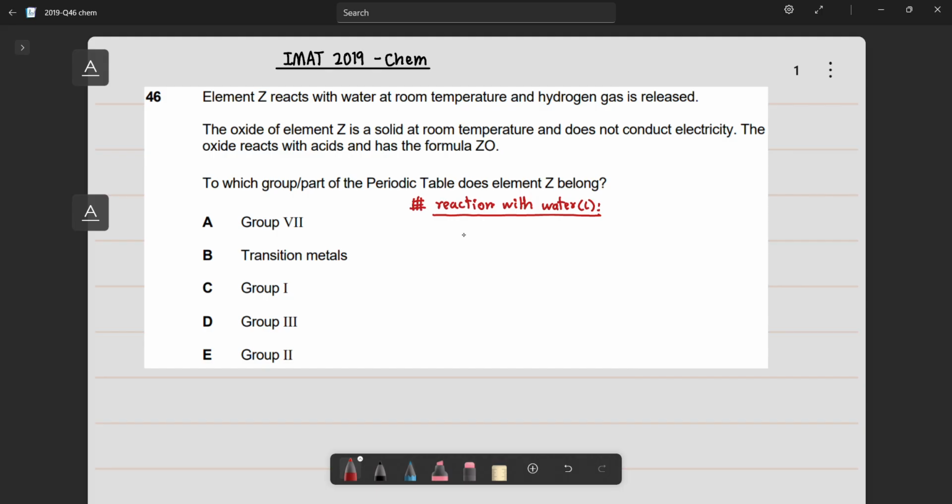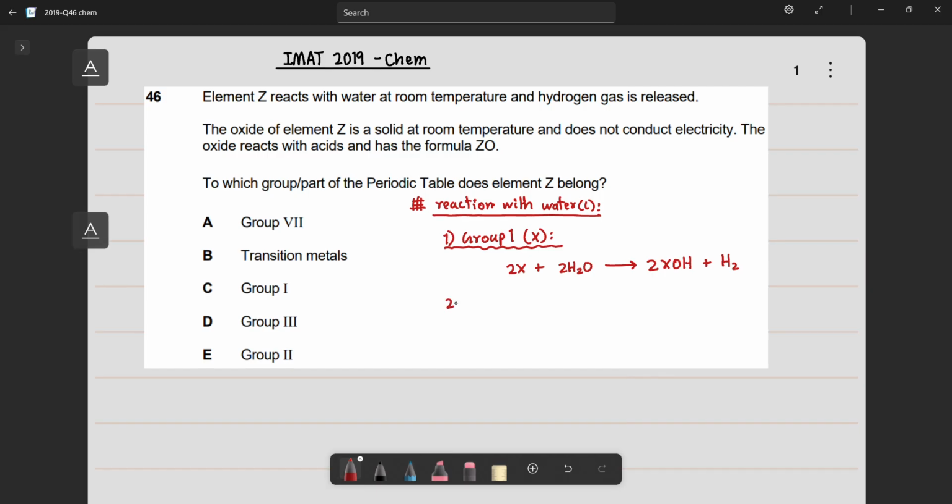The first one is for a group 1 element, which I'm going to represent with the symbol X. So we know that 2X plus 2H2O, which is water, gives the metal hydroxide, which forms an alkaline solution, plus the hydrogen gas that is released.